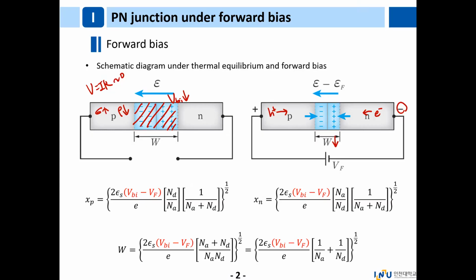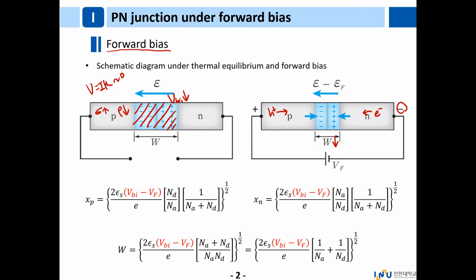As long as bias voltage is supplied, the injection of the majority carrier across the depletion layer continues, so current flows in the PN junction. This bias condition is called forward bias.